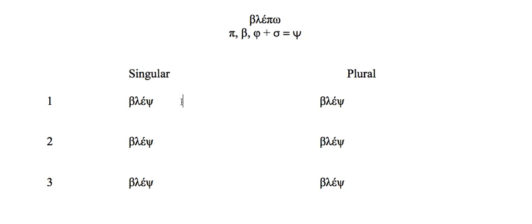Now what do we do from here? We add our person number suffixes. O, es, e.